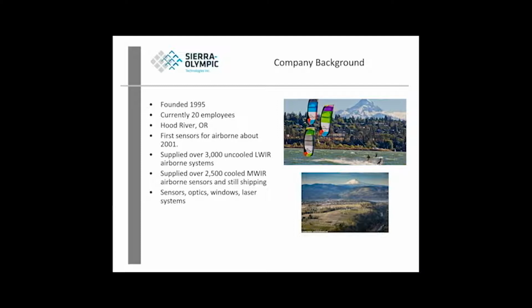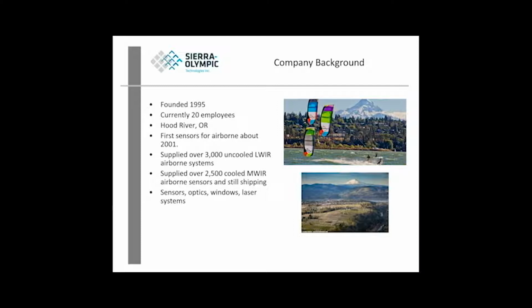The 3,000 long-wave systems were all shipped probably prior to 2008. And since 2008, we've been shipping primarily cooled mid-wave systems. And we do development, not so much on the sensors, but integrated sensor systems, certainly optics, certainly difficult optics like windows, and then we dabble in some laser systems.